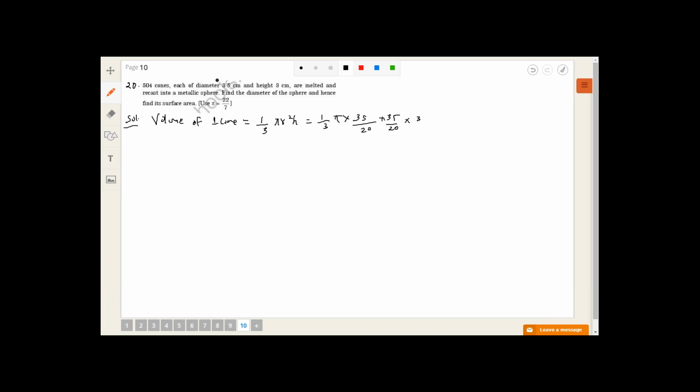I am just removing the decimal, so it is 35 by 20. So volume of one cone will be 1 by 3 pi into 35 by 20 into 35 by 20 into 3. So volume of 504 cones, you just need to multiply by the number 504. So 504 into 1 by 3 pi into 35 by 20 into 35 by 20 into 3.